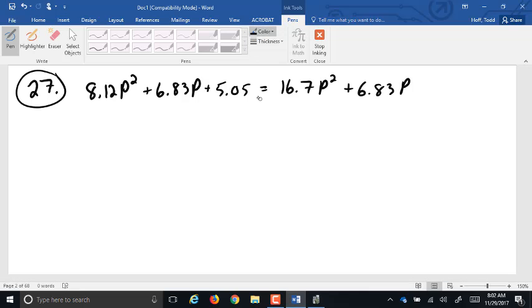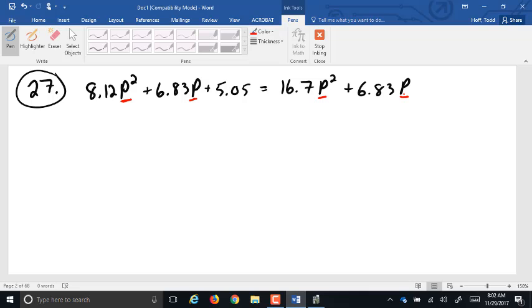Now there is a major issue here. We have both p squared and p in this equation. We cannot solve an equation that has both the variable squared and the variable, at least not with our standard methods that we've been using. There's something called quadratic equations, which we can solve by factoring, but that's not something we know how to do yet.